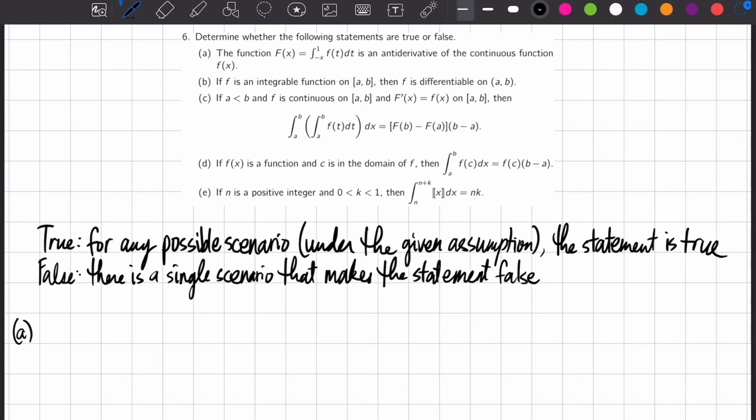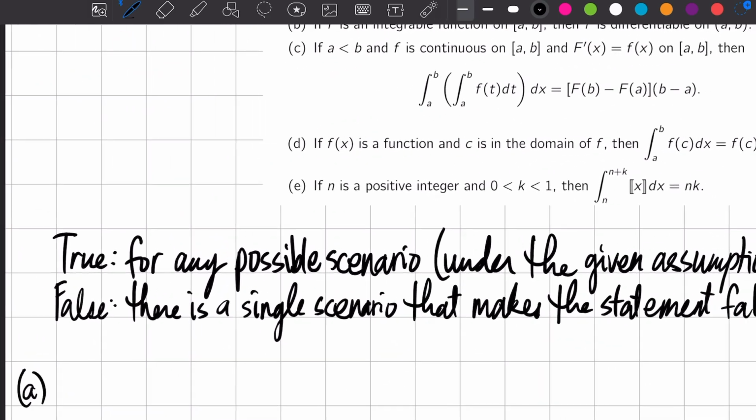Letter A, what this one is telling is the function F of x equals the integral from negative x to 1 of f of t dt is an antiderivative of the continuous function f of x.